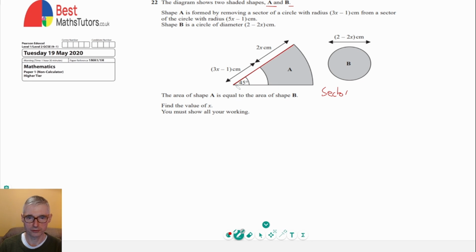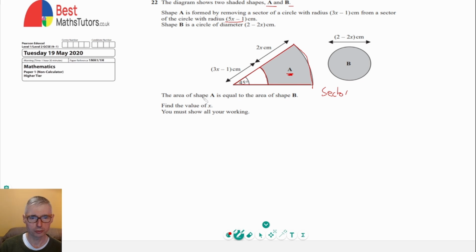So this shape I'm trying to outline would be the one that had a radius of 5x minus 1. And then from it, we've removed another sector, which is this bit in white here, that's not shaded in. And once we've removed that, that's left the area A here.